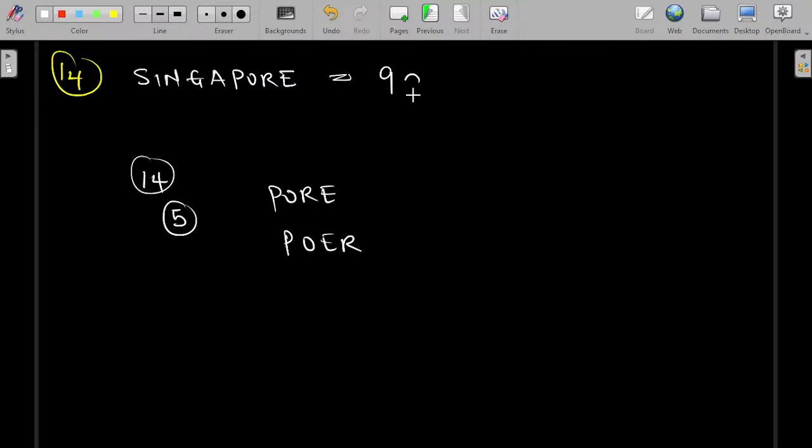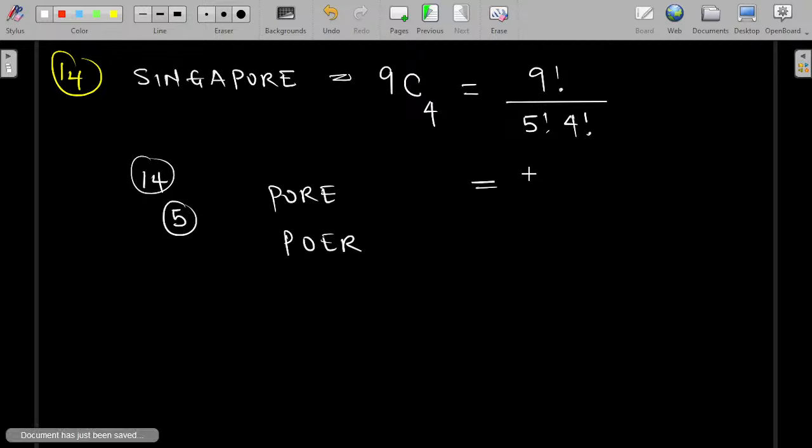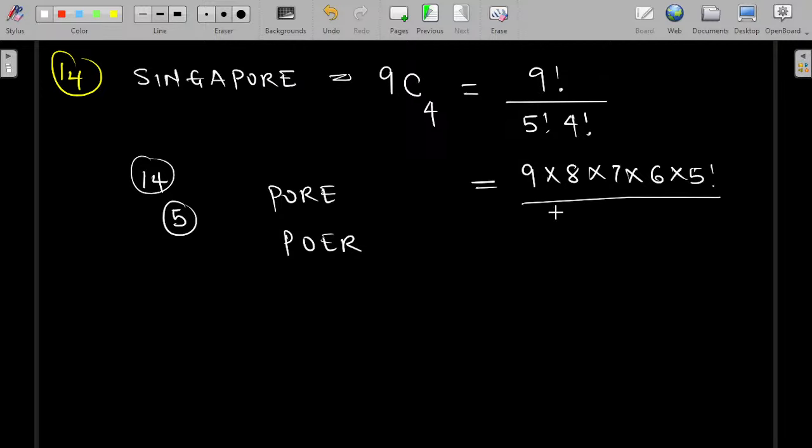So you just have 9 combination 4, which is going to be 9 factorial all over 9 minus 4 is 5, then multiplied by 4 factorial. And what is that going to give you? You expand 9 times 8 times 7 times 6 times 5 factorial, because I have 5 below, so I have 5 factorial times 4 factorial, which is 4 times 3 times 2 times 1.